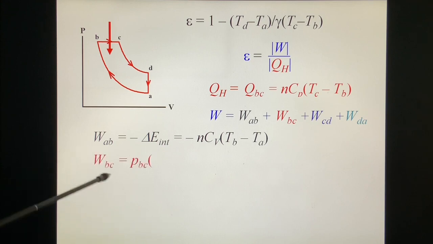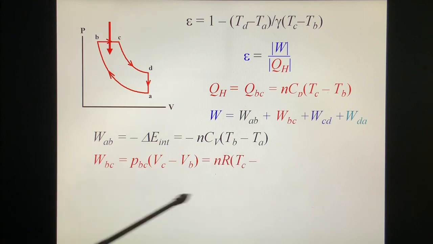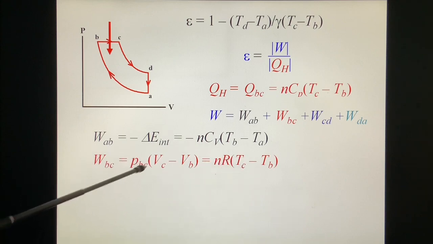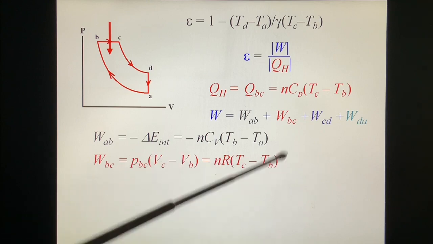And WBC, this is a constant pressure process, so it equals P delta V, P (VC minus VB). Because W equals the integral of P dV, P is constant and taken out, so P delta V. And PV equals nRT, so we replace PVC with nRTC and PVB with nRTB.